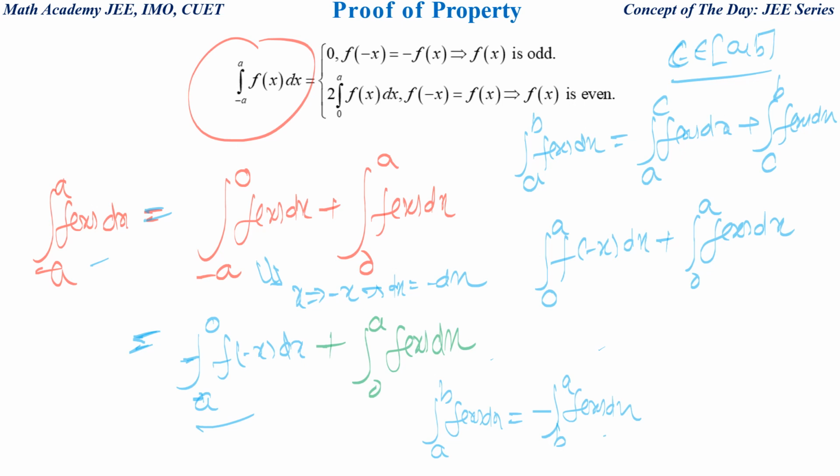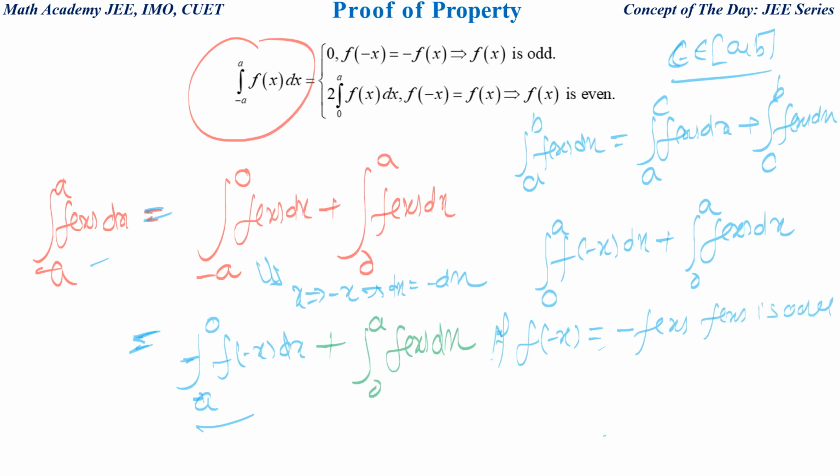Okay, now let's apply the concept of odd-even for the function. If f(minus x) is equal to minus f(x), it means the function is an odd function, then you can replace f(minus x) with minus f(x), and substitute the value into this integration.